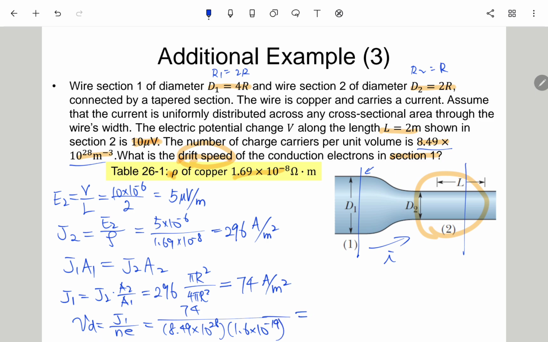So this is 5.44 times 10 to the negative 9 meters per second.